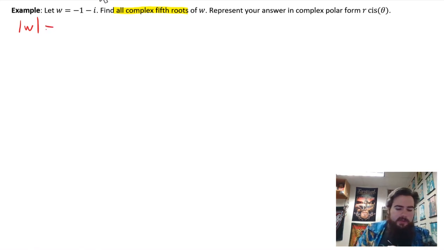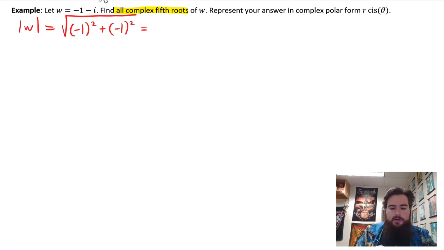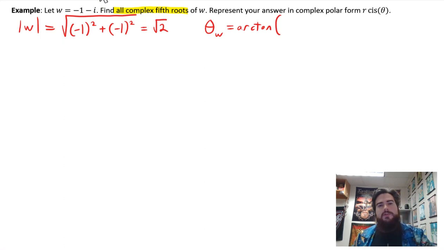The modulus for w would be based on the Pythagorean theorem of -1 squared plus -1 squared, or just square root of 2. The argument for w, however, if we use arctangent, we do need to be aware where the original complex number is. -1 minus i on the complex polar plane would have negative real and negative imaginary.